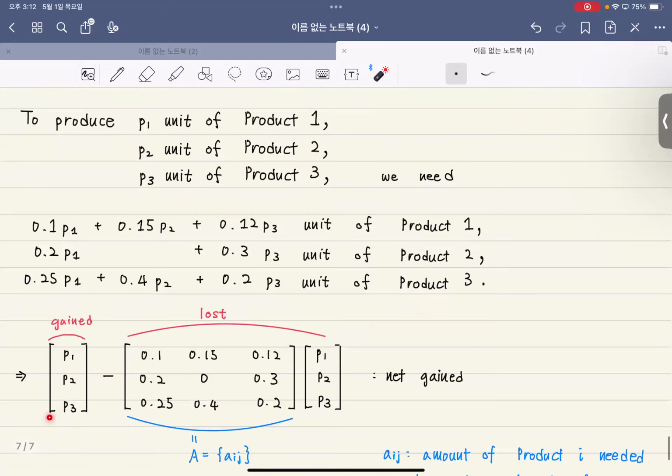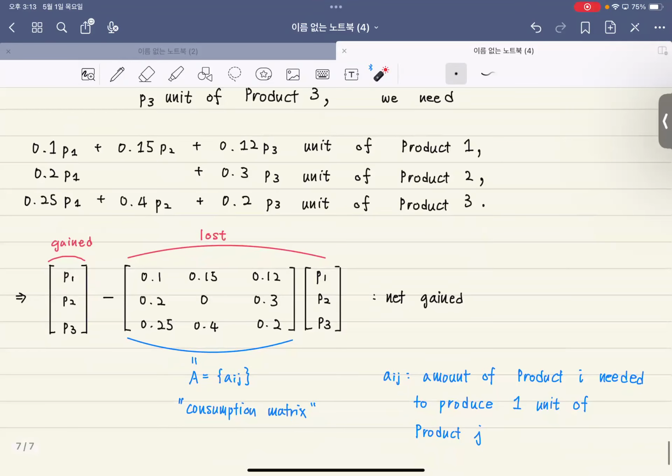This is the number of units that we gained after one turn, and this is the number of products that we lost during the production. So gained minus lost is what we call the net gain. And this matrix is called the consumption matrix, because as the name suggests, it implies the consumption of the product.